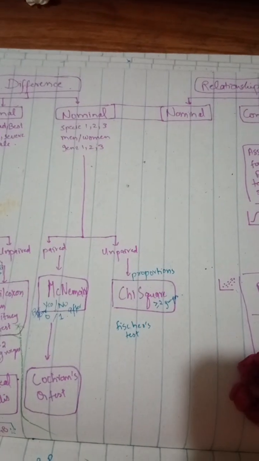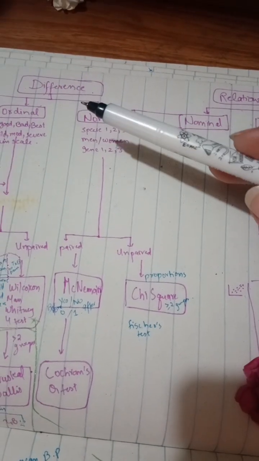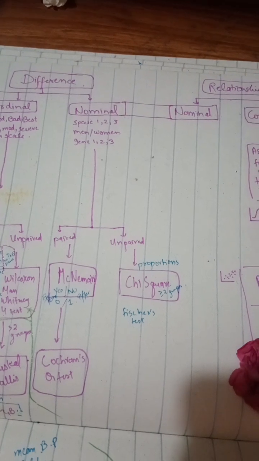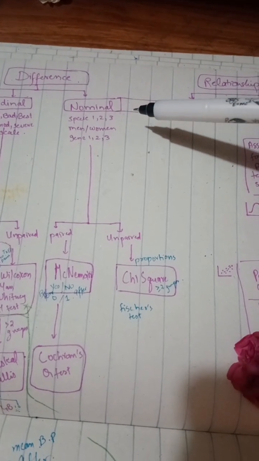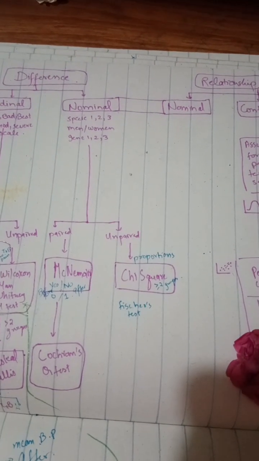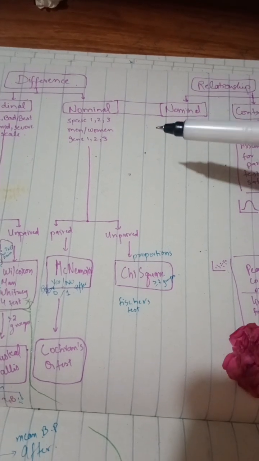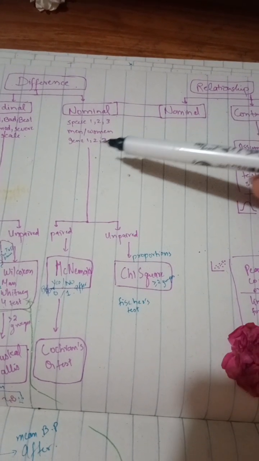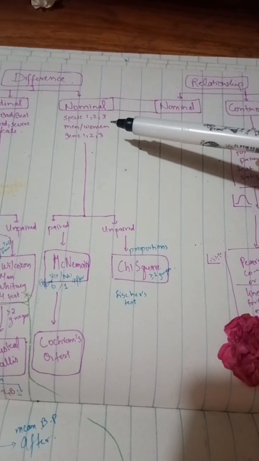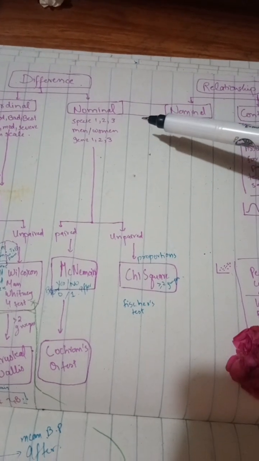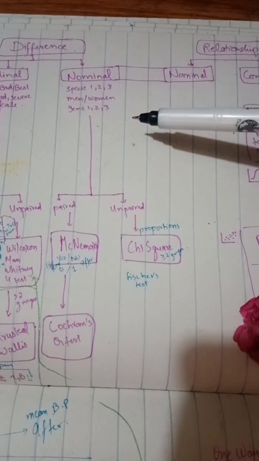Okay, then we come up to nominal data. With nominal data, whether there is a difference or a relationship, we don't care, we are just going with the nominal data. Nominal is man, woman, gene 1, 2, or 3, or species 1, 2, or 3, or hot and cold, that kind of data.